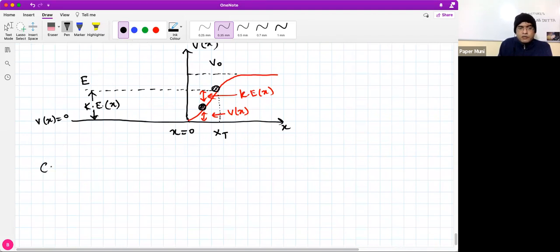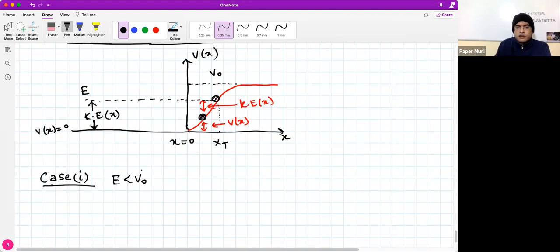So case one: in this case, we assume E is less than V naught. Have you drawn the diagram? Yes, sir.